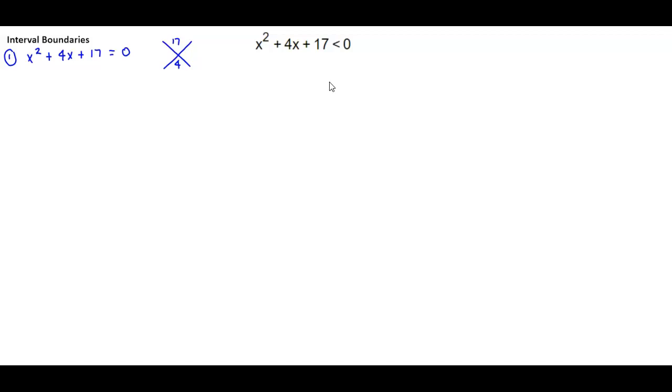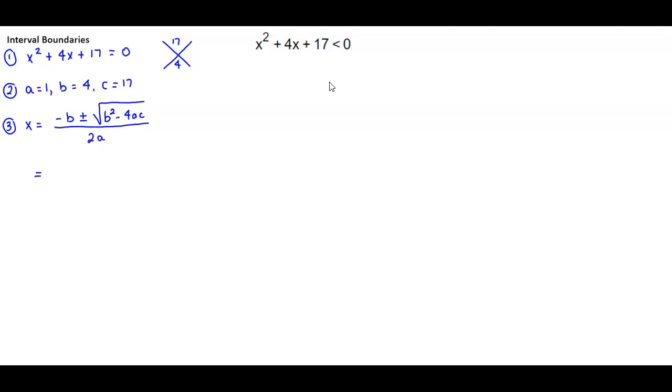So now we're going to have to use the quadratic formula to see what happens. We know that a is equal to 1, b is equal to 4, and c is equal to 17. Remember the quadratic formula: x is equal to negative b plus or minus the square root of b squared minus 4ac, all divided by 2a.